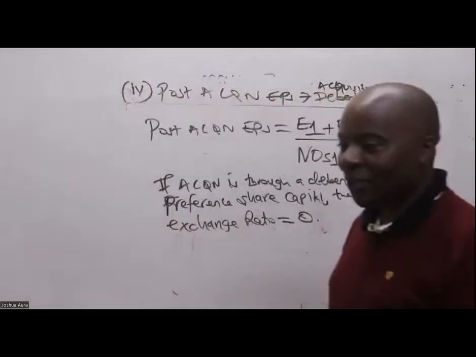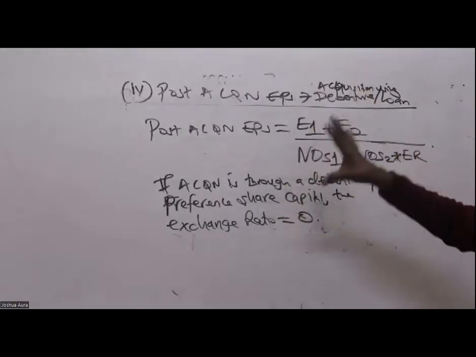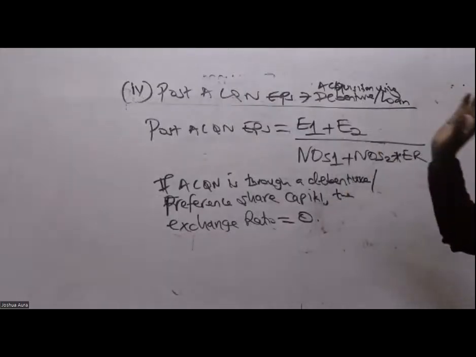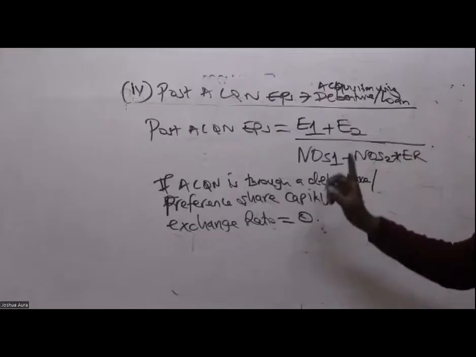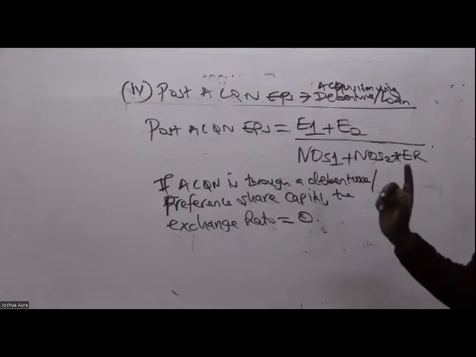You'll be able to watch the video, don't worry. So have you highlighted this? Anytime you see a question talking about acquisition financed through a debenture or preference share capital, then the exchange ratio will always be equal to 0.